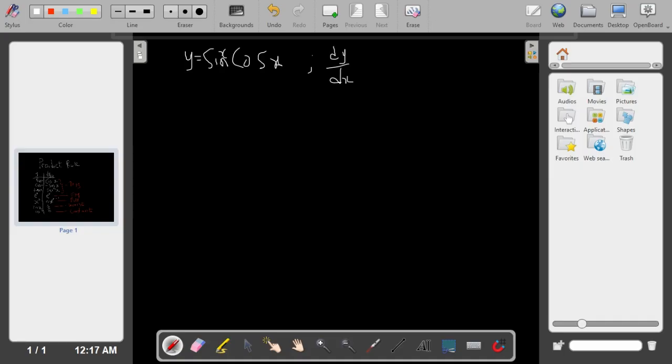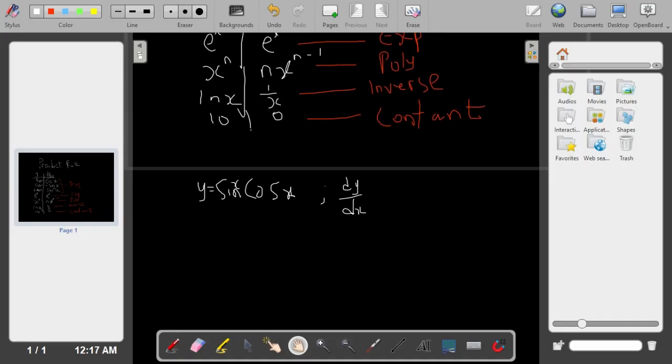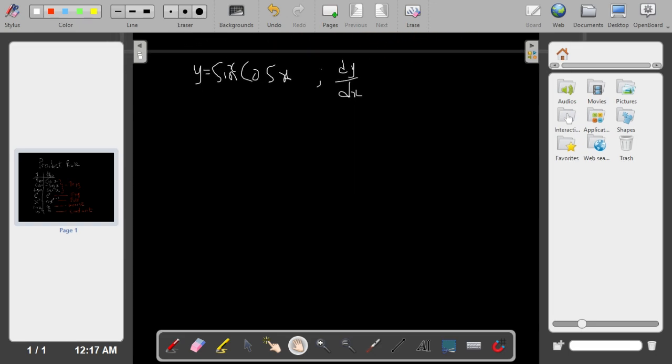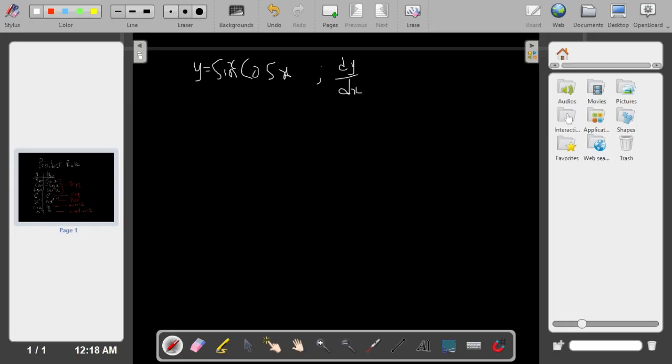Now if you look at this so closely, you see that from those derivatives I gave previously, I said the derivative of sin x is cos x, and of cos x is minus sin x. Now if you come to this place, the formula for product rule is simply dy dx equals u dv dx plus v du dx.